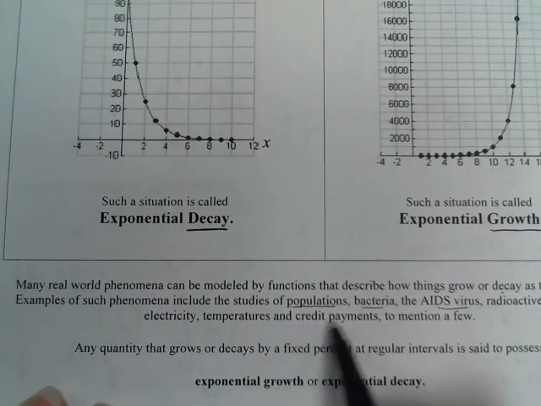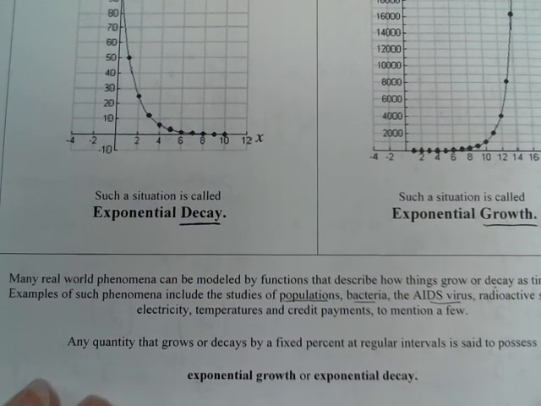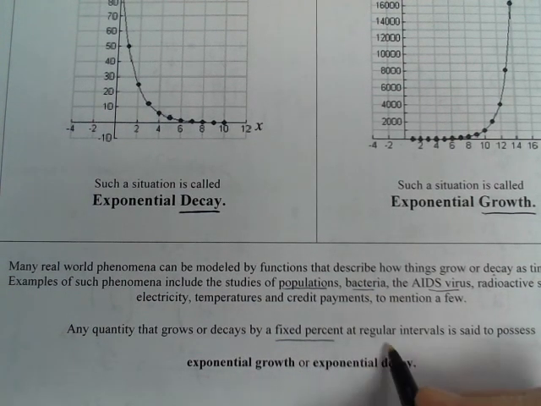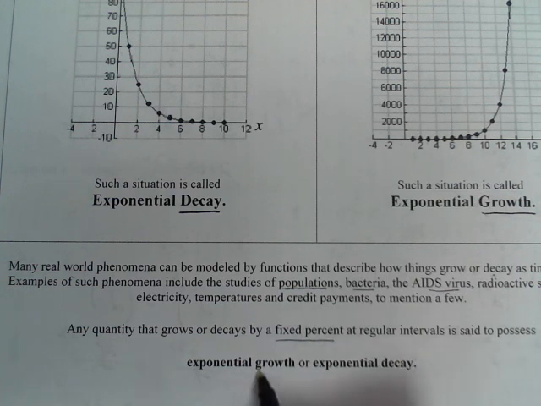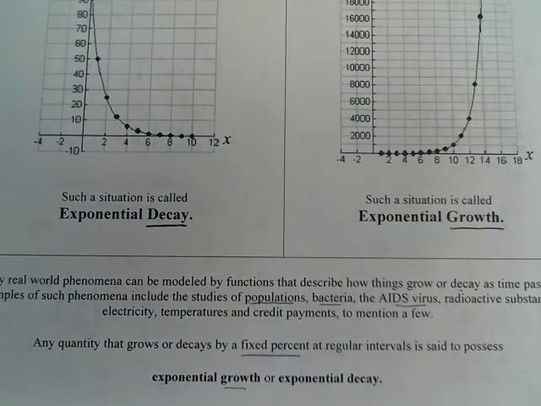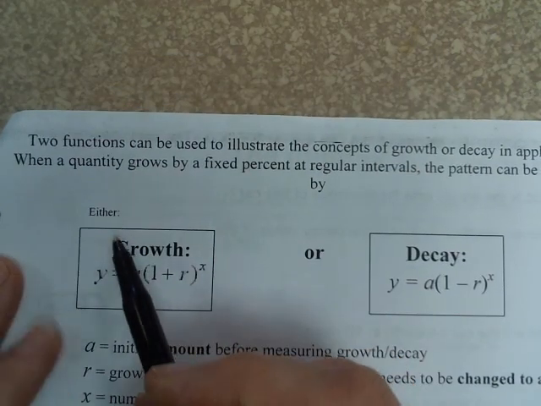Electricity, temperatures, and credit payments. That's just a few things that can be modeled by exponential growth or decay. Anything that increases or decreases by a fixed percent at regular intervals is either exponential growth going up or exponential decay coming down.